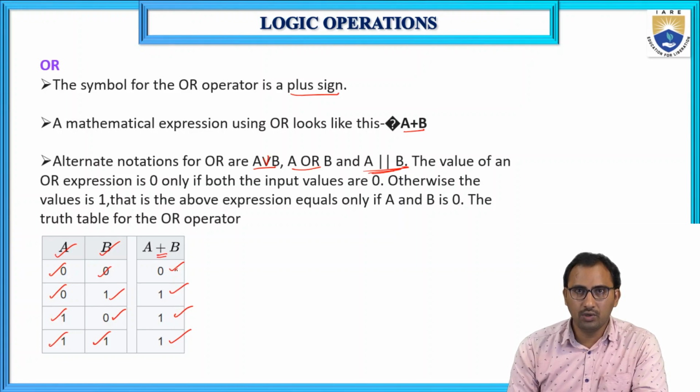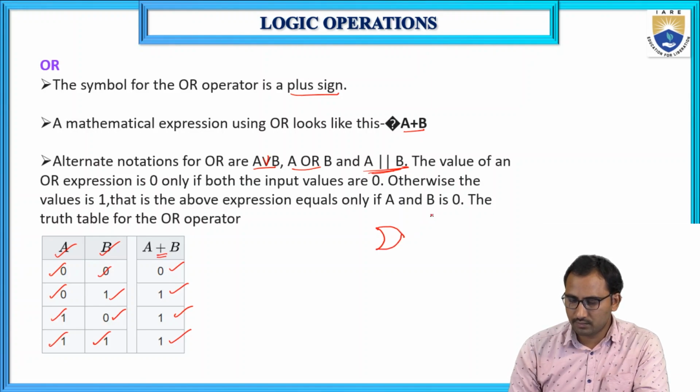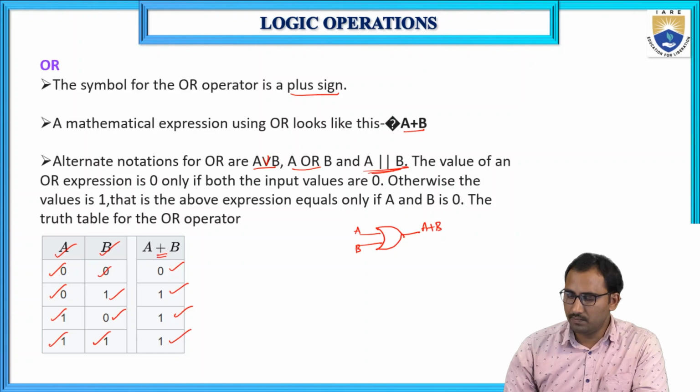The output will be 0 or logic low only if both the inputs are zeros. Okay. And this is the OR symbol.